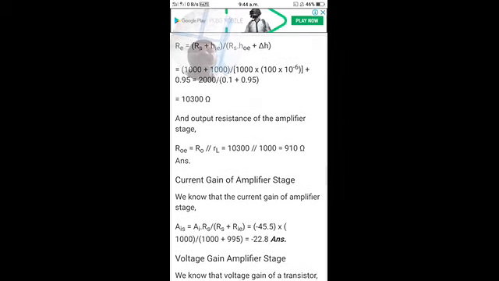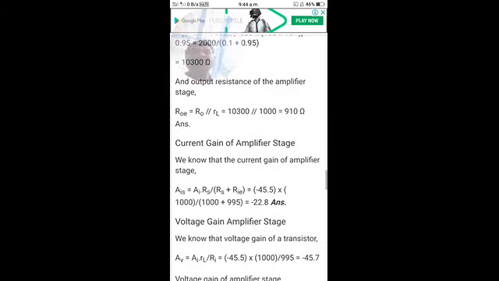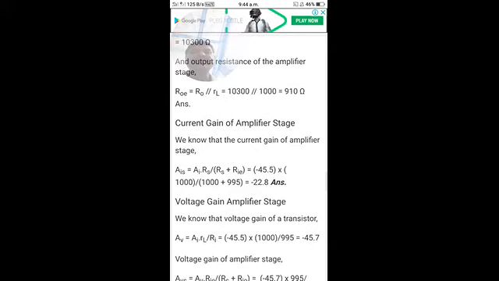The overall current gain of the amplifier, AIS, is the current gain AI into Rs by Rs plus Ri dash. So it is minus 22.8.